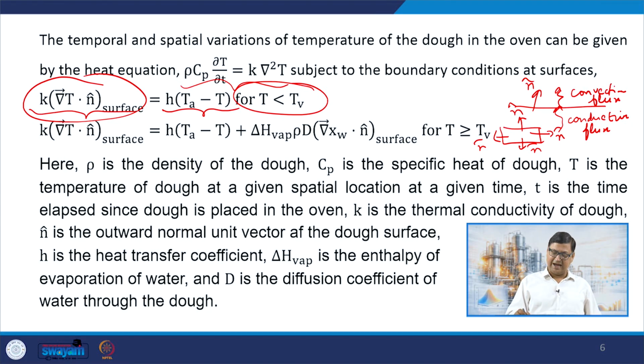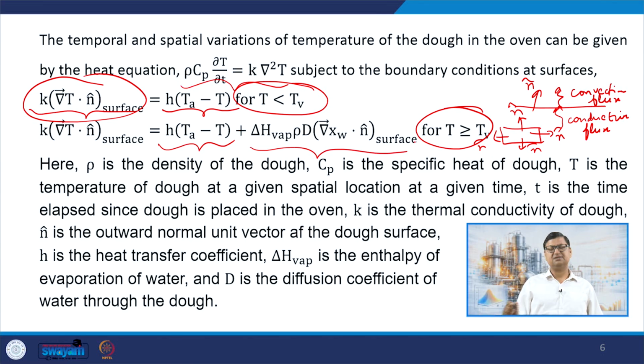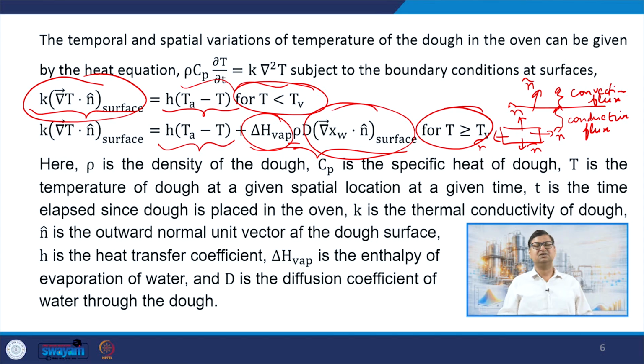And once that temperature exceeds the boiling point, in addition to the convective flux, we also have the additional heat which is coming from the vapor, and that additional heat is a function of the heat of vaporization multiplied with the density and the mass transfer flux, the diffusive flux at which the moisture is coming out.